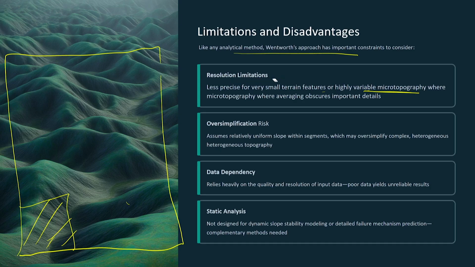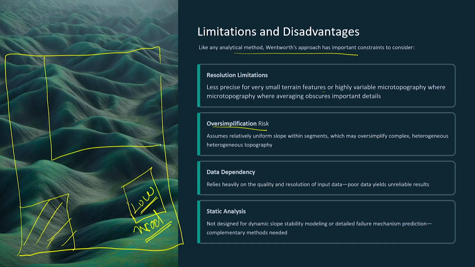What we have next is oversimplification, and by oversimplification what we mean is this particular grid might be of low or moderate slopes, whereas the whole area together might be of a moderate category.